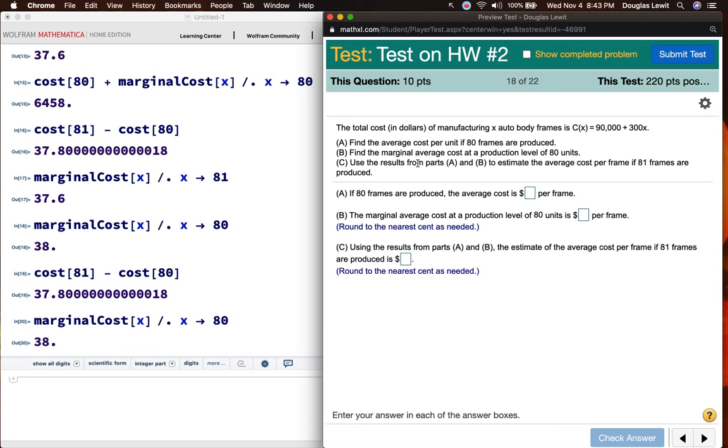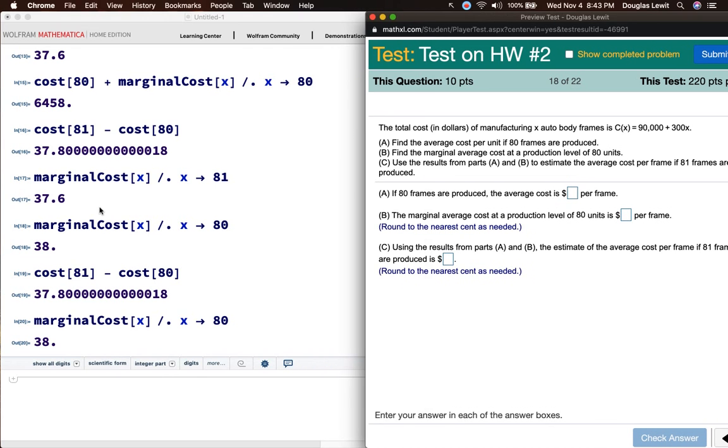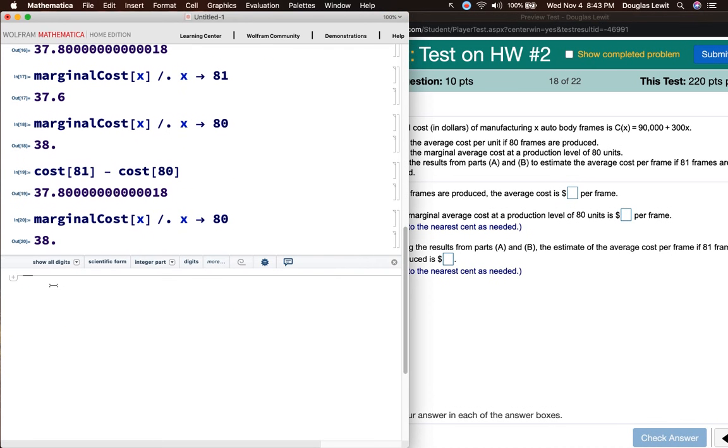Part B, find the marginal average cost at a production level of 80 units. Part C, use the results from parts A and B to estimate the average cost per frame if 81 frames are produced. Okay, we're going to use Mathematica for this to make things go a little bit faster.